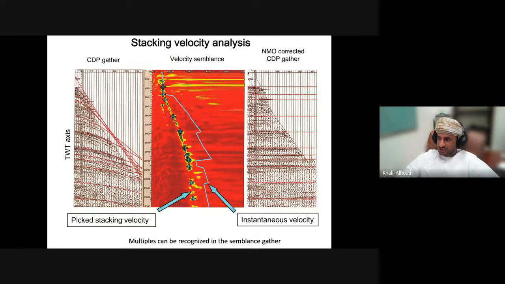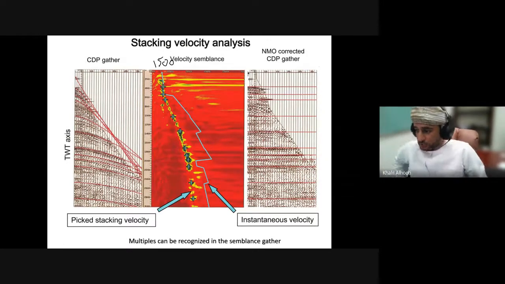It means this reflector is perfectly flattened for a velocity of 1,500. It's exactly flattened. So when I sum them up with this specific velocity, I get the maximum power here. Whereas for the deeper one, because I believe the velocity increases as I go deeper, it will be perfectly flattened for higher velocities, probably a velocity of, let's say, 3,200.